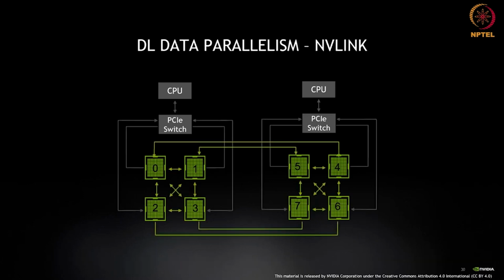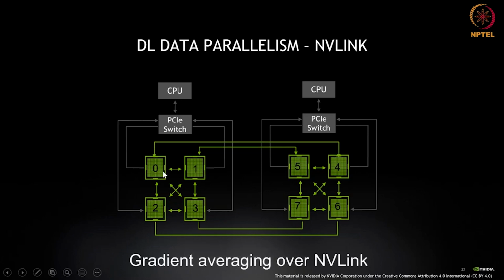What if you had a different system that had NVLink inside it? In that particular case, the data loading happens via the PCIe bus from the CPU, taking this particular path, while the gradient averaging can happen via NVLink.